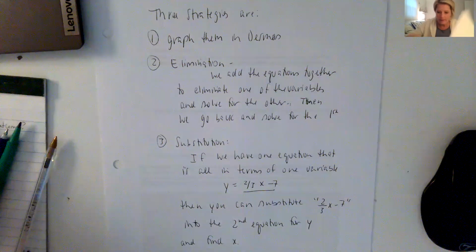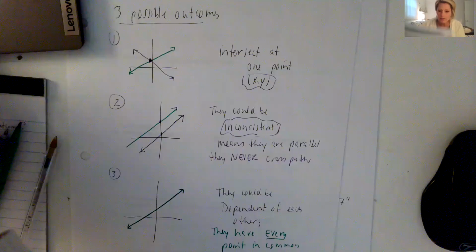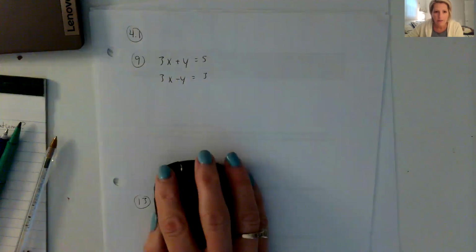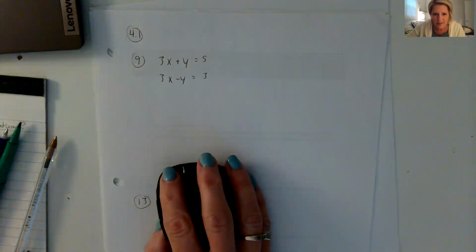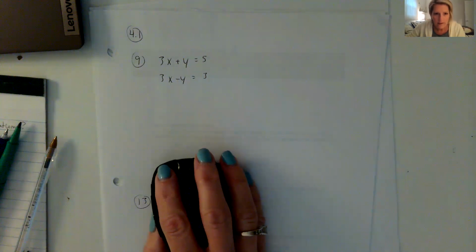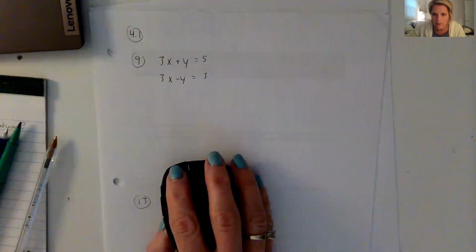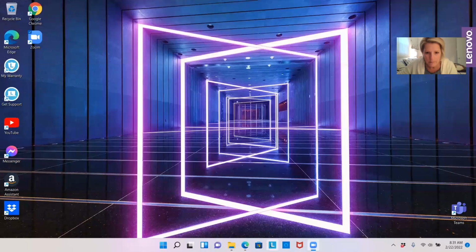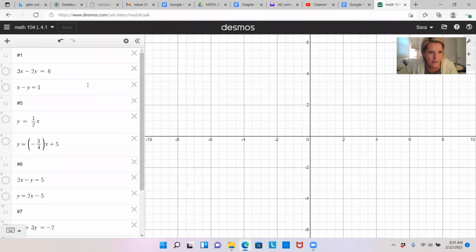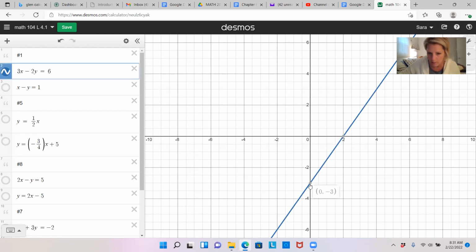Okay, so I'd like us to turn to Desmos, because the first strategy is looking at the graph. I think that's the easiest one to wrap our brains around at first. I graphed problem number 1 in our book, 3x minus 2y equals 6. If you click on it, it always shows you your x and y intercepts.